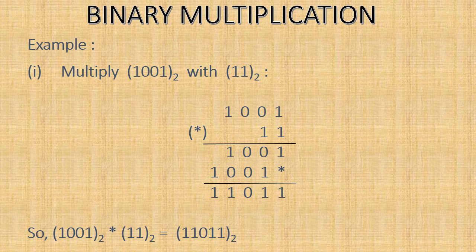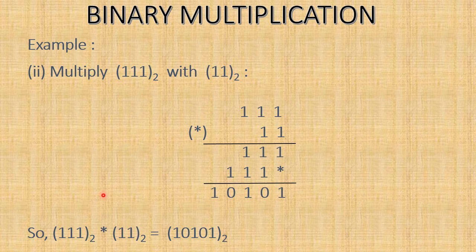So the answer is 11011. In this way, the multiplication of binary numbers 1001 and 11 is 11011. This is one example we have done. For verification, you can convert the given binary numbers into equivalent decimal numbers and find the result.